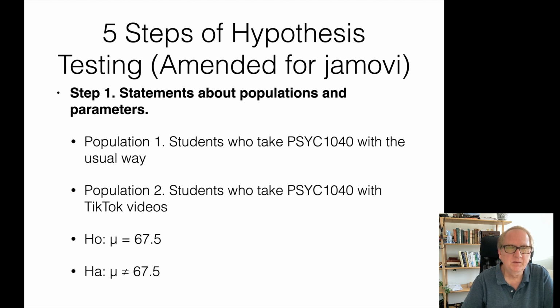Population 2 would be students who are somehow affected by having TikTok videos, so they're in a different population. The null hypothesis would be that the mu is equal to 67.5 because that would describe population 1, right? They usually have a mean of 67.5. The alternative will be that no, they're not like that. They're different, so their mu is not equal to 67.5.